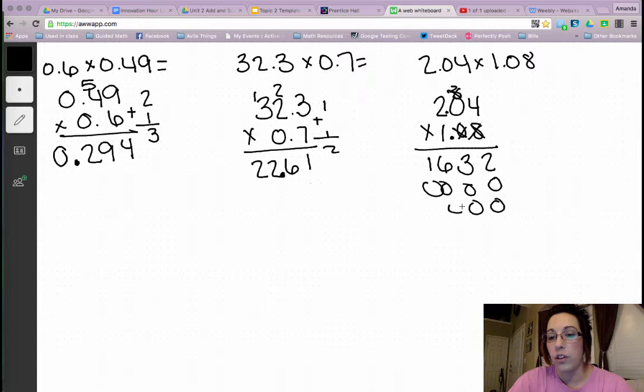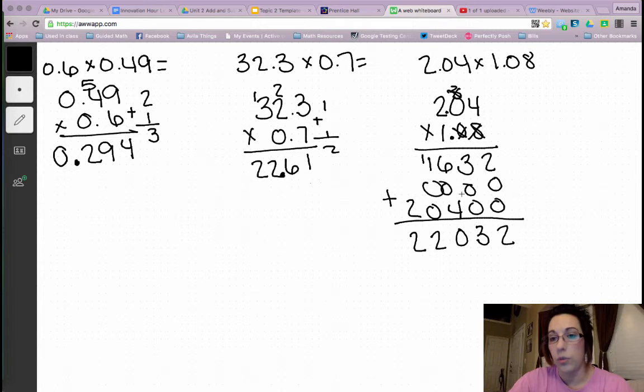1 times 4 is 4. 1 times 0 is 0. 1 times 2 is 2. Add them all up. 2, 3, 10, 2, 2. Count our decimals. 2 plus 2 is 4, over 1, 2, 3, 4.